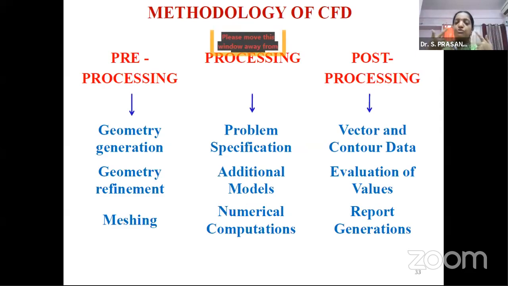Then once your solution is done, we go for post-processing, where you can visualize all the types of requirements. You can see how the flow is taking place. You can give animations as we do in AutoCAD. You can see the flow in the form of vectors, and in the form of contours.